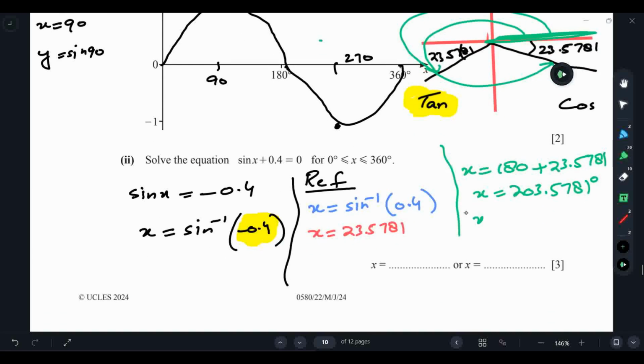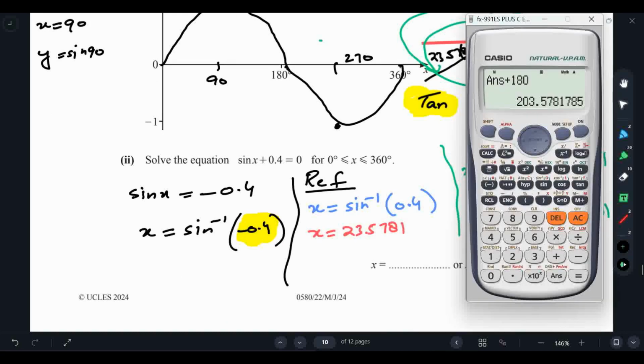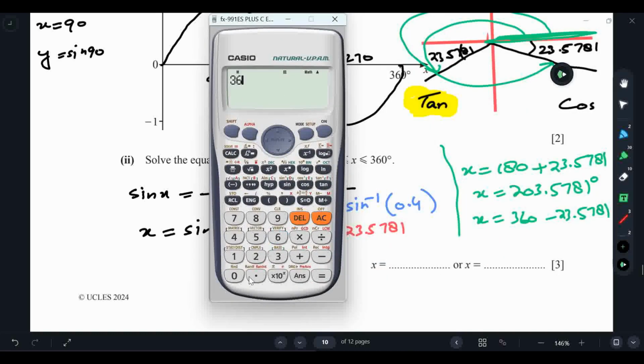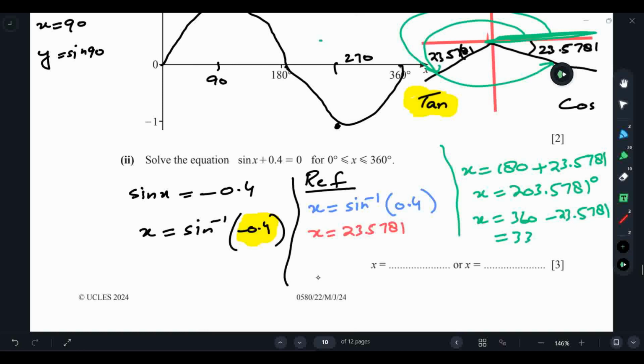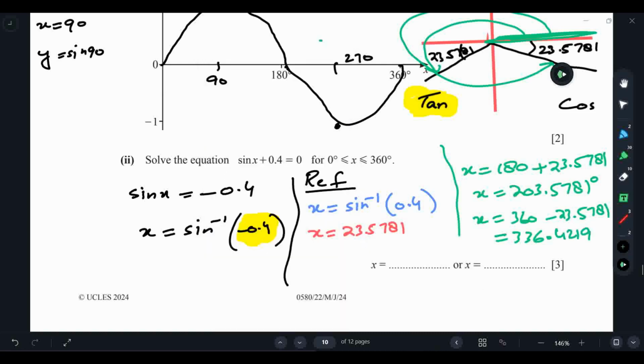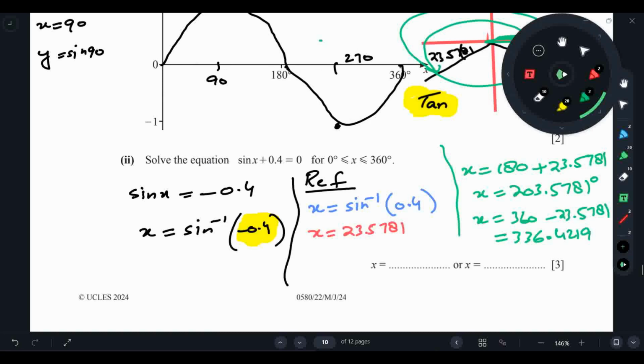So x will be equals to 360 minus 23.5781. So we can check this one, that 360 minus 23.5781 will be equal to 336.4219.